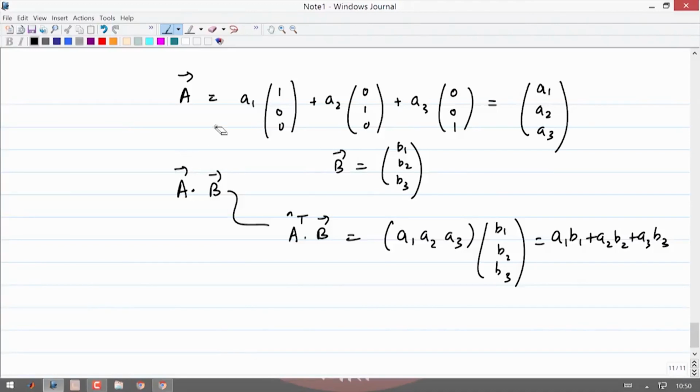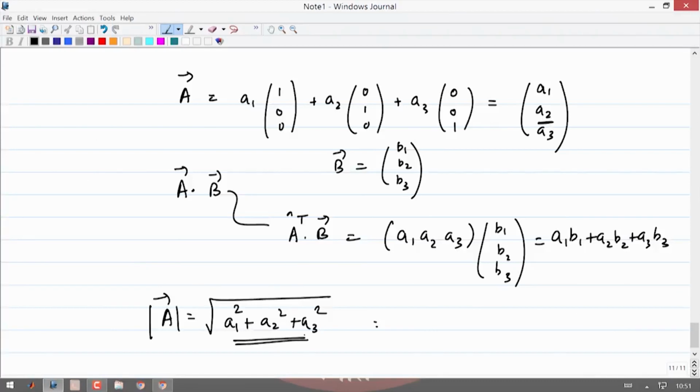In a similar way, the unit vector of A is also very simple. The magnitude of A is the square root of the sum of the 3 squares: a1 squared plus a2 squared plus a3 squared. Therefore, the unit vector in the direction of A is a1 divided by this magnitude, a2 divided by this magnitude, a3 divided by this magnitude.